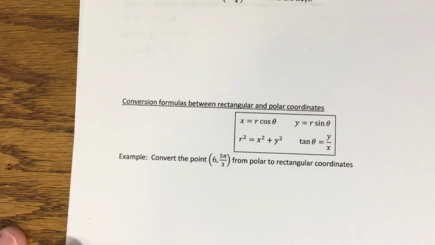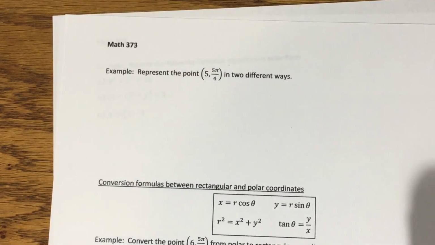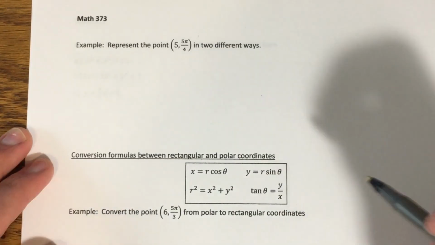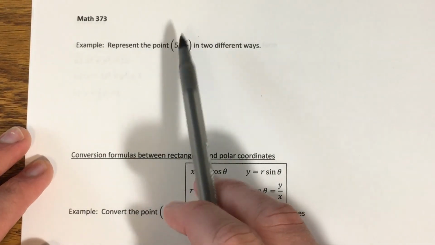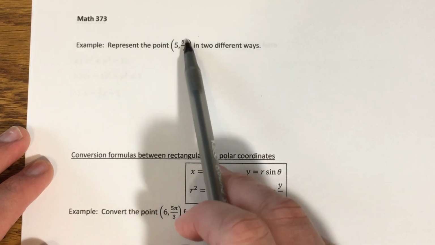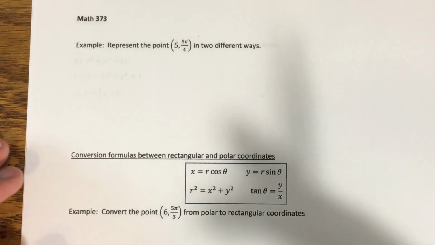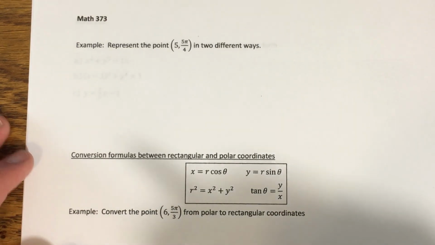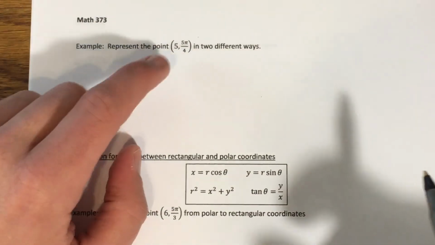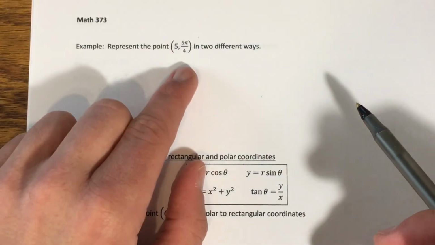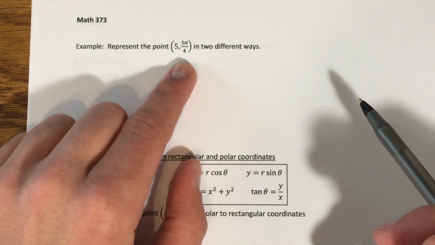All right, let's go on to the next example here. I have a point here in polar coordinates. It's (5, 5 pi over 4). And we want to represent this in two different ways. One way I know that I can represent it is to use an angle that's coterminal to 5 pi over 4.